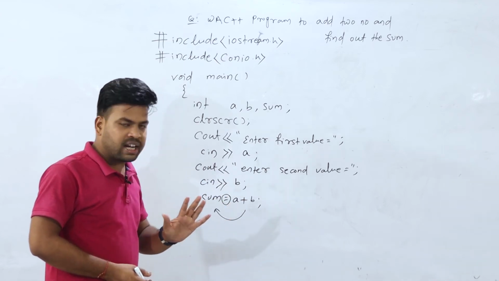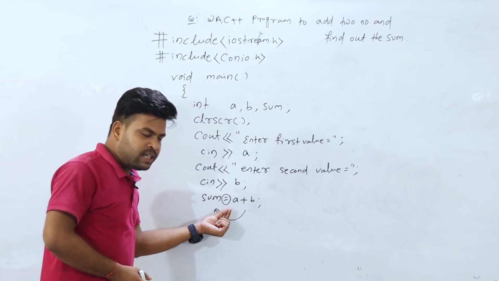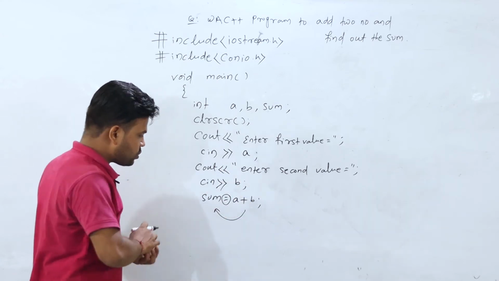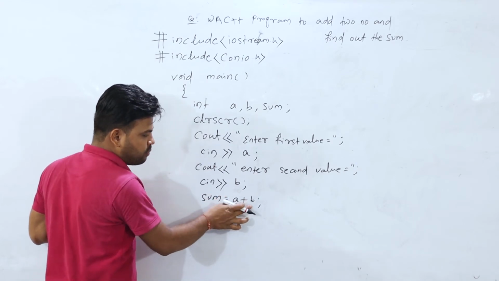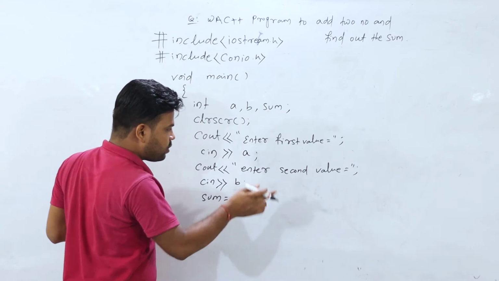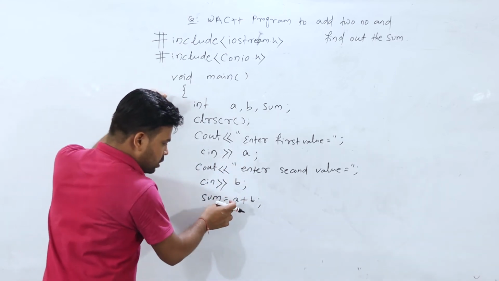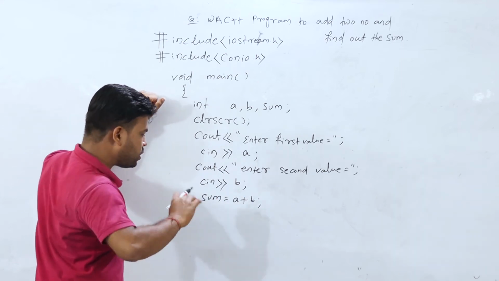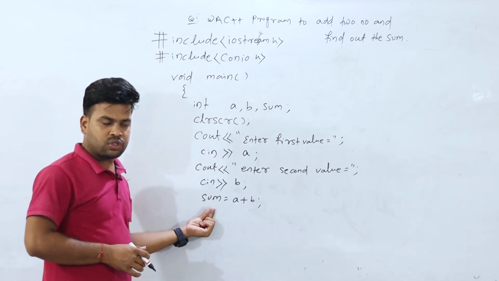Because the work of the equal operator is to assign the value from right side to left side. So here the addition value of A and B, whatever the user has given as input, will be stored in the sum variable. Then after that, you have to display that value, sum.